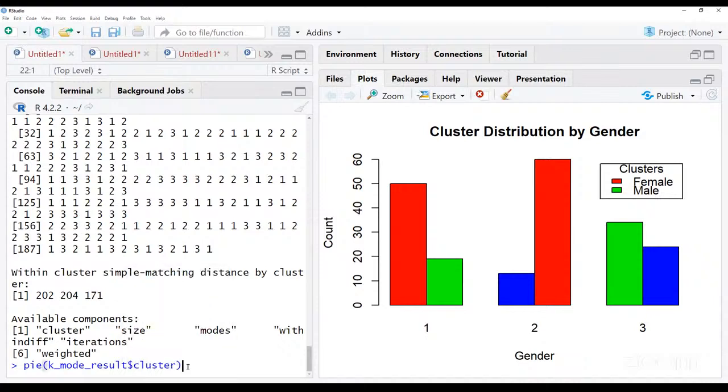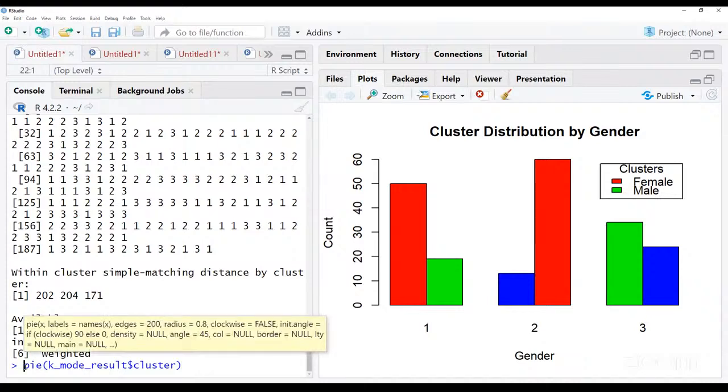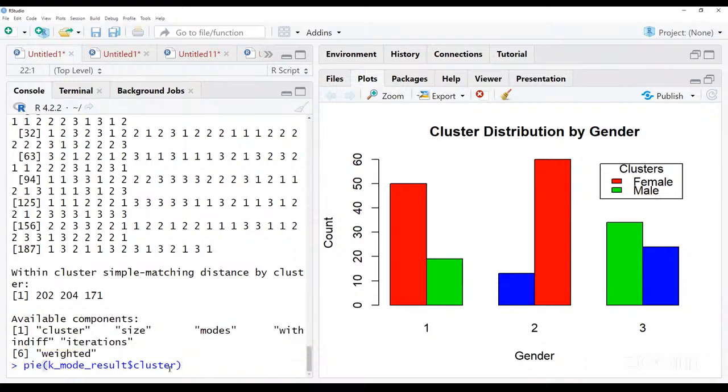Before that, before pie, after pie, you write down table. No, after pie there will be the table. After that, K modes cluster, not the comma.